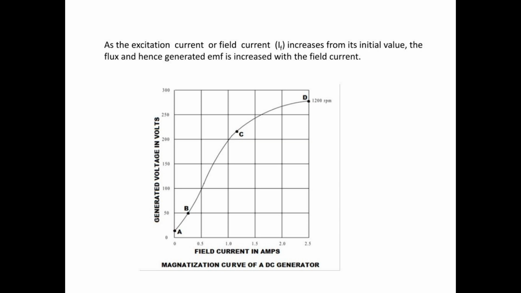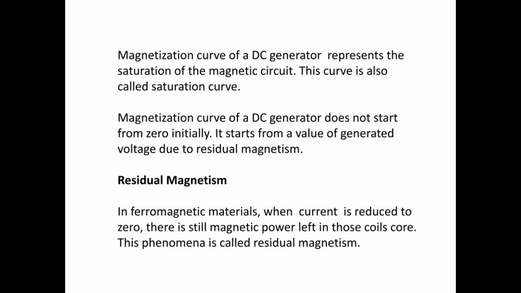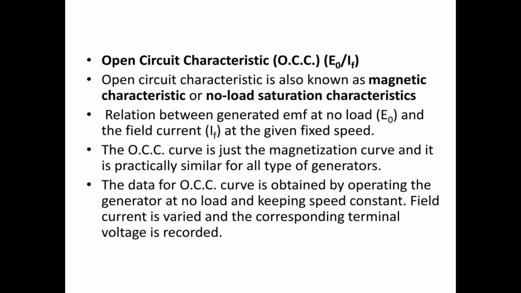Even though you increase the field current, the generated voltage will remain constant. So at that point we can say that the core is saturated, right? So the OCC curve is just the magnetization curve, and it is practically similar for all types of generators, right?